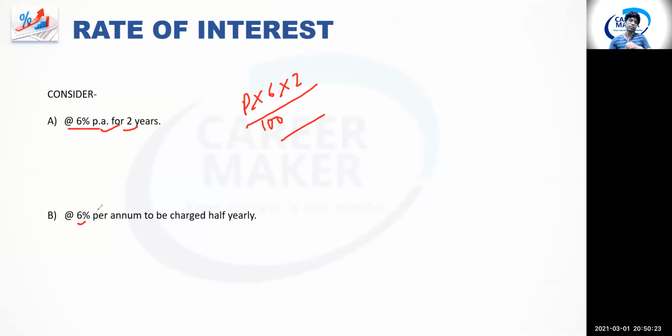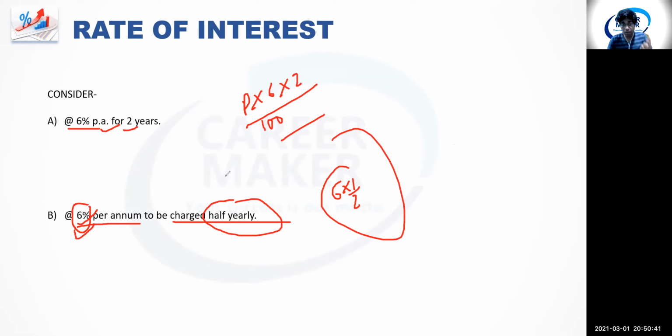However, if the rate of interest is given as 6% per annum to be charged half yearly, that means the rate of interest is 6% for 1 year. Therefore, for half a year, the rate of interest will be 6 into half. Okay. And now the interest is charged half yearly. So for 4 years, let's say, there will be 8 half years. Okay. So the number of installments being paid will be 8, not 4.